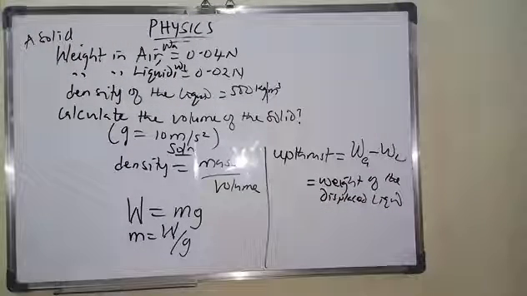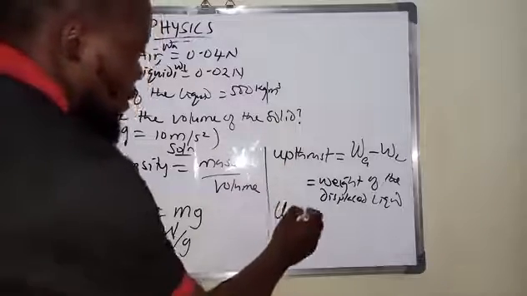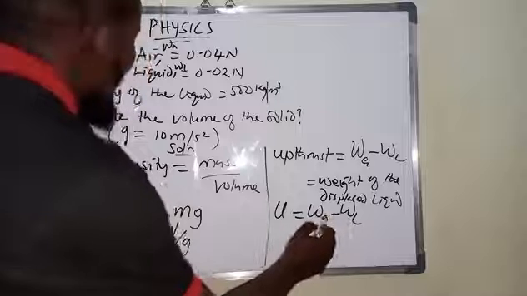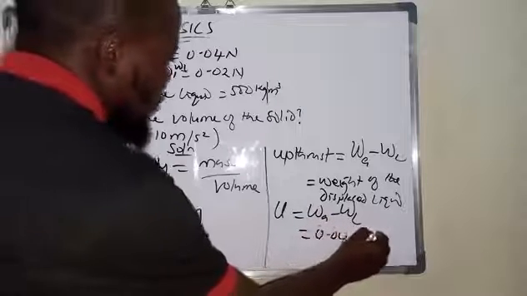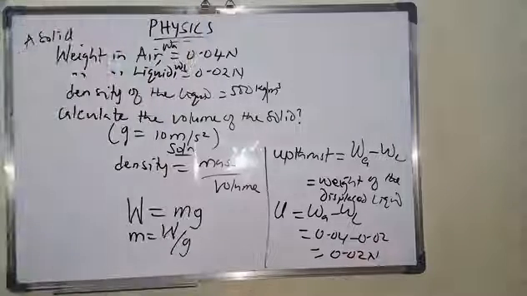So take note of this. If this is the case, then we're going to say the upthrust force equals WA minus WL. Then this is 0.04 minus 0.02, so this gives us 0.02 Newton, which is the upthrust.